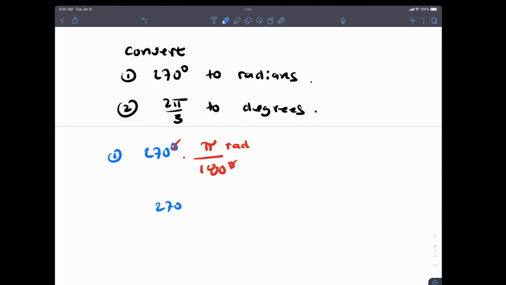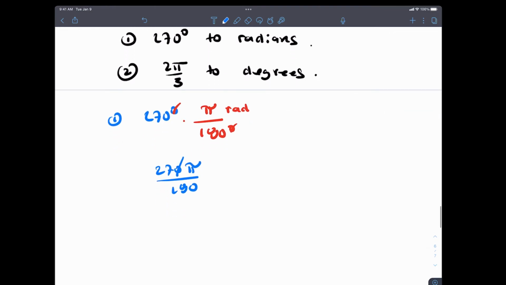So you get 270 pi radians over 180. Now, how do you simplify 270 over 180? You guys know I can get rid of the zero. Or you can say, is that 27 pi over what? 18. Is that right? And then how do I reduce this fraction? 9 goes into 27 how many times? 3. 9 goes into 18 how many times? 2.